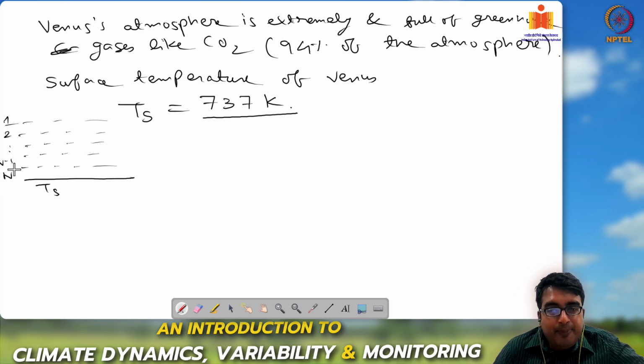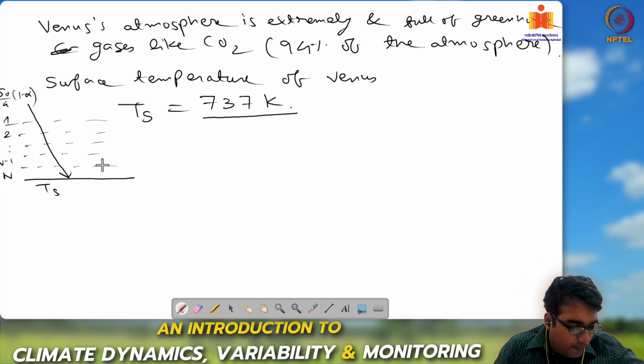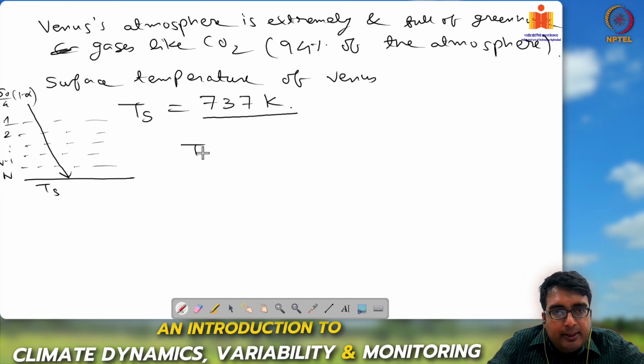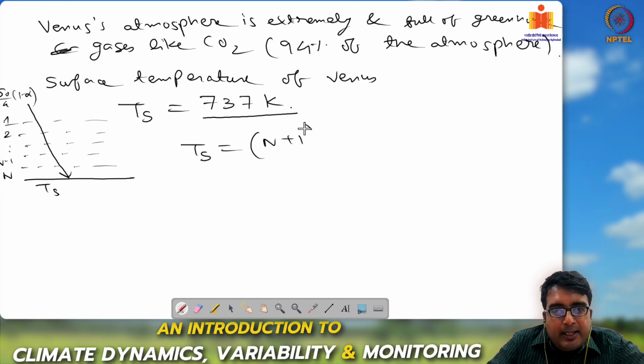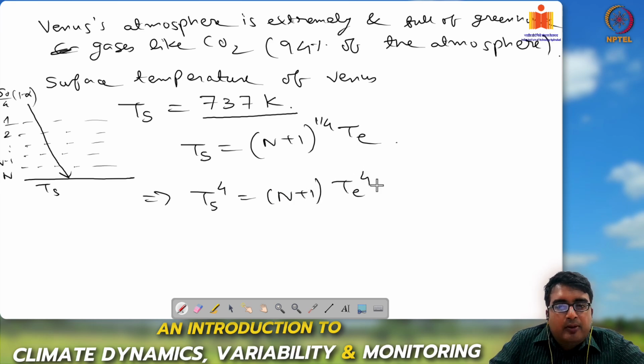So as we have done previously, using this system, where this is S0 by 4 into 1 minus alpha, and each of these at different layers, TA1, TA2, TA3, we have evaluated the expression that Ts, the surface temperature, is n plus 1 to the power 1/4 Te. So here Ts to the power 4 is equal to n plus 1 Te to the power 4.